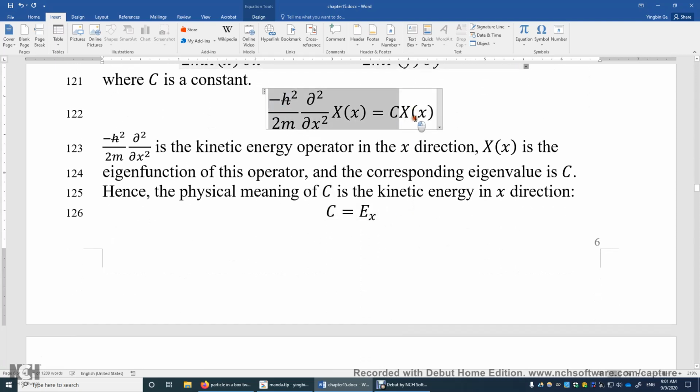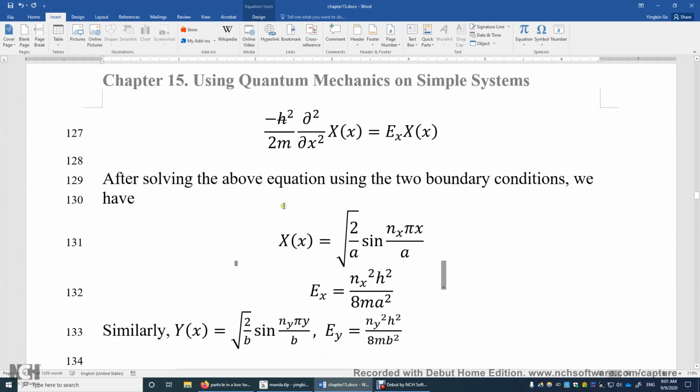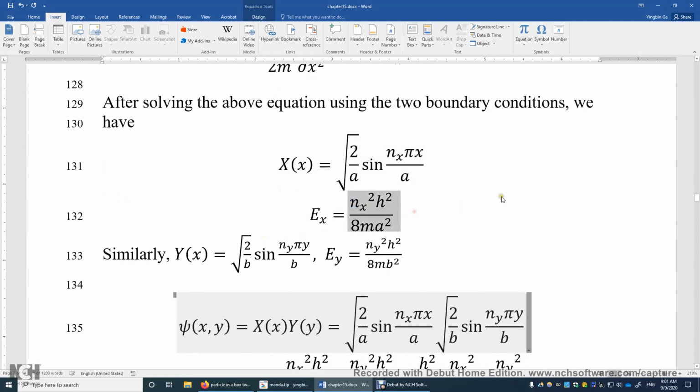Again, we know how to solve this equation. This is just the one-dimensional time-independent Schrodinger equation for a free particle. The solution is this. We solved this before. The energy is this. But now we have two dimensions, so I'm using n sub x for the quantum number in the x direction.